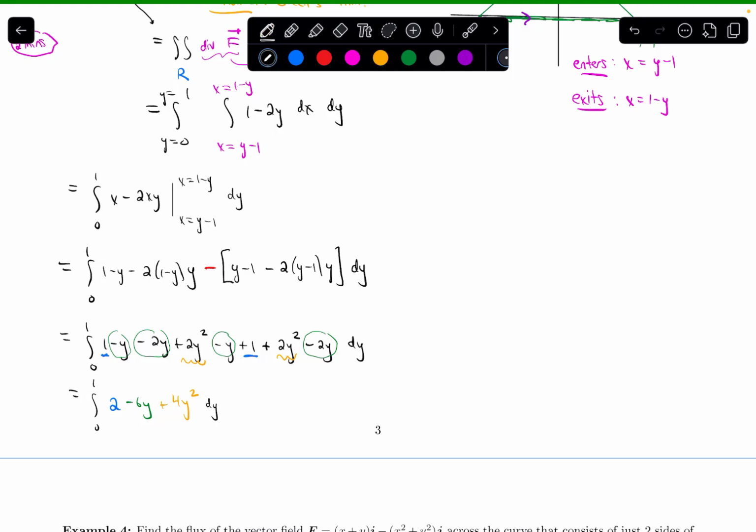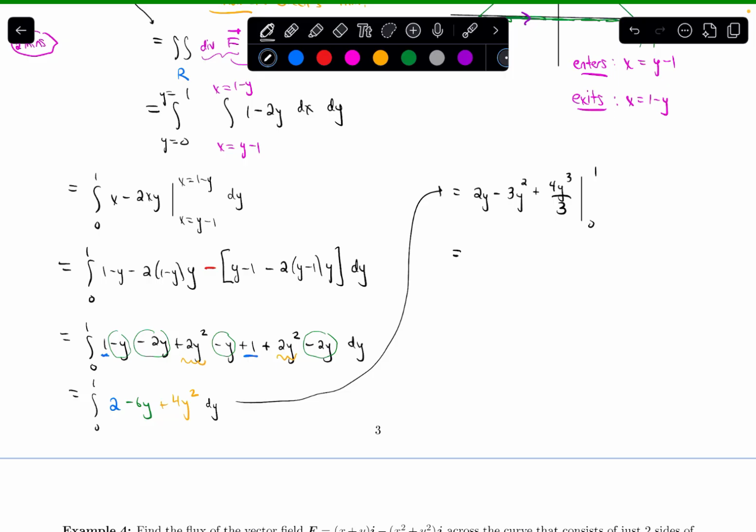Okay, so at last, it becomes a much simpler integral now. We've done a lot of the algebra. So now let's do the antiderivative. I'll get 2y minus 3y squared plus 4y cubed over 3. I got to evaluate this at 0 and at 1.